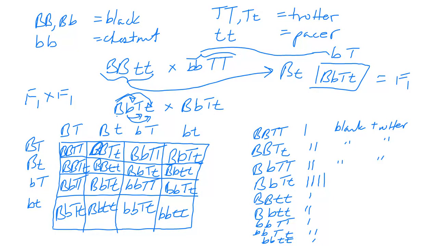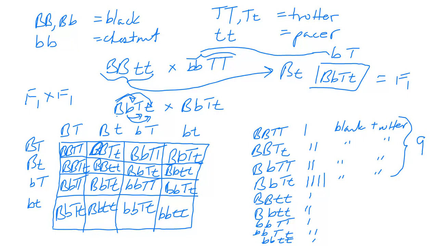And big B, big T, little t is another black trotter, right? Those are all black trotters. How many black trotters are there? Nine, right? 1, 2, 3, 4, 5, 6, 7, 8, 9. So 9 black trotters. So those first 4 genotypes are all the same phenotype.